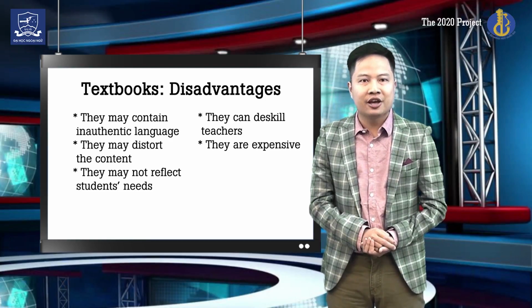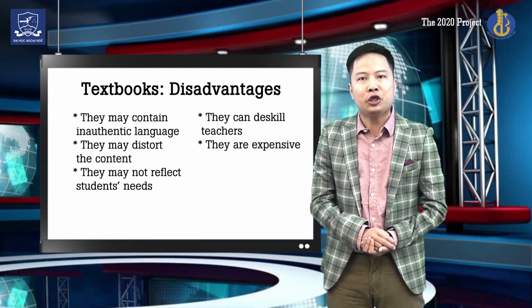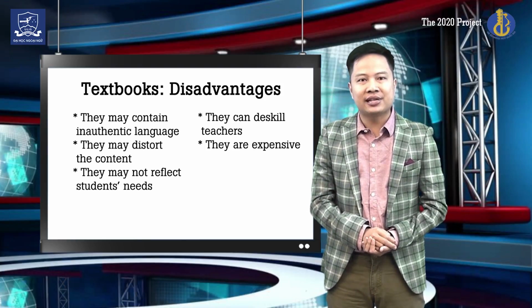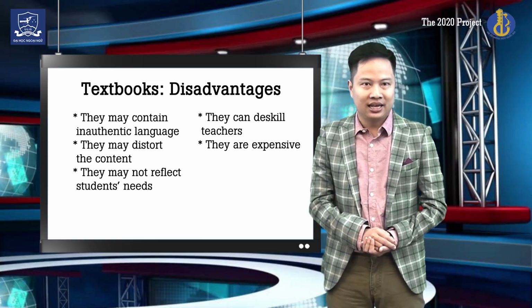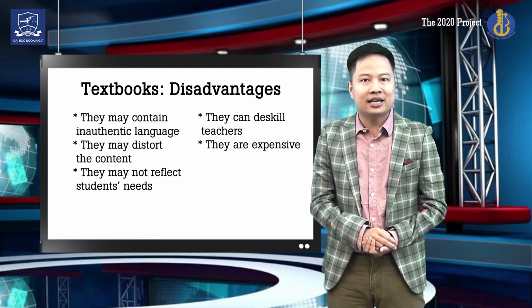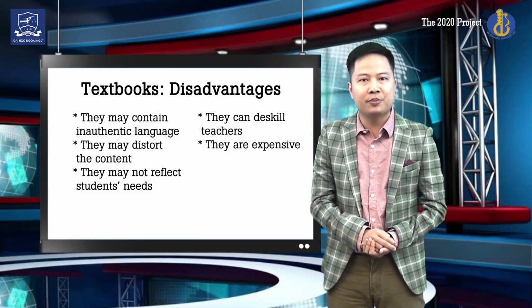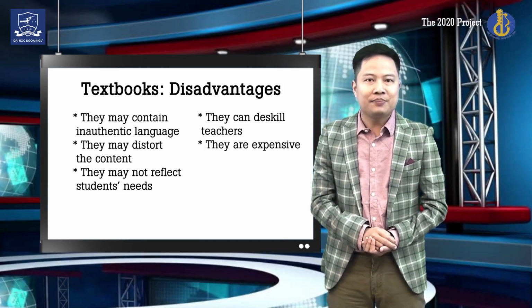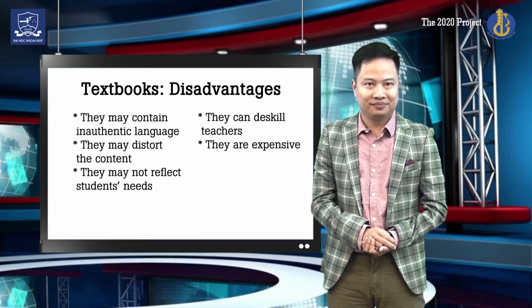For example, first, they may contain inauthentic language. Textbooks sometimes present inauthentic language. Syntax, dialogues, and other aspects of content tend to be specially written to incorporate teaching points and are not often representative of real language use. Second, they may distort the content.